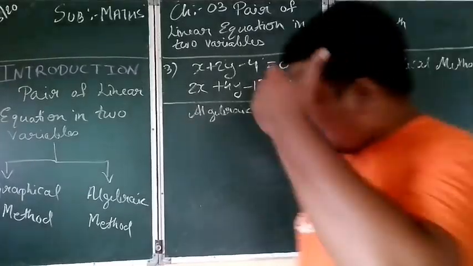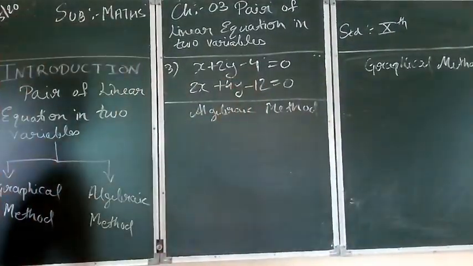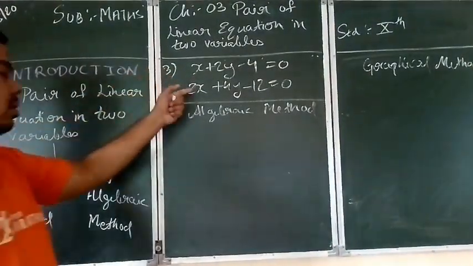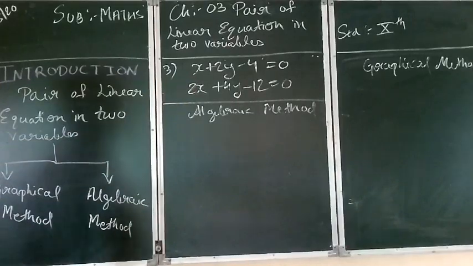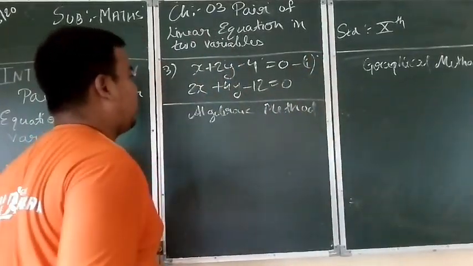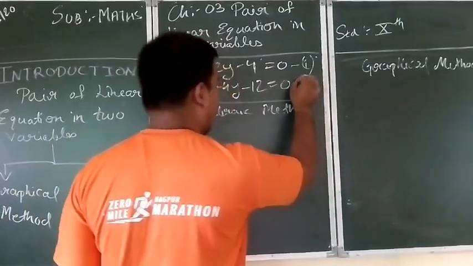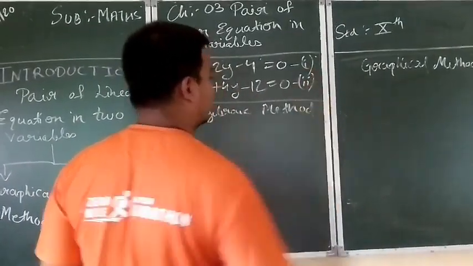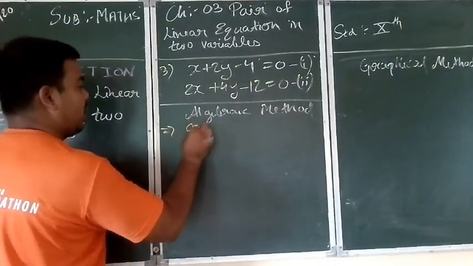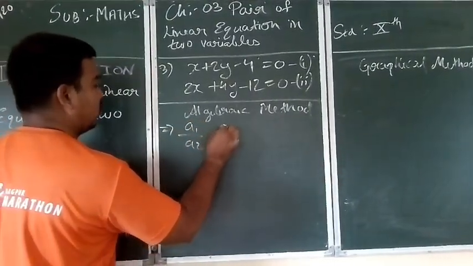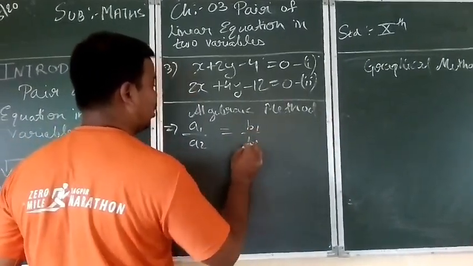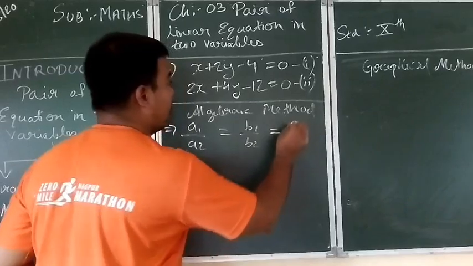So now we come to the third type of equations. Again, a pair of linear equations in two variables: x plus 2y minus 4 equal to 0 is the first equation, and 2x plus 4y minus 12 equal to 0 is the second equation. Again you write here A1 by A2, B1 by B2, C1 by C2.